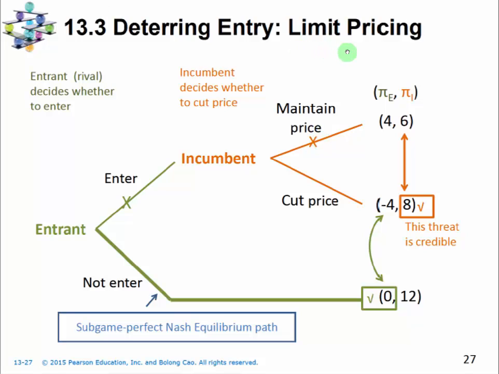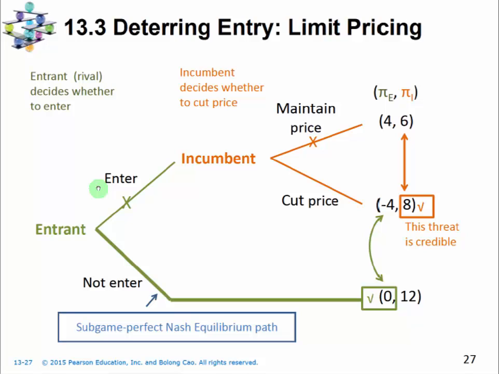In the limit pricing game for entry deterrence, we have a different order of moves. In this game, the entrant can first decide whether to enter the market to compete with the incumbent or not. And then at the second stage, if the entrant has entered this market, the incumbent can decide whether to cut price to fight the entrant or to maintain the price to accommodate the entry by the rival.